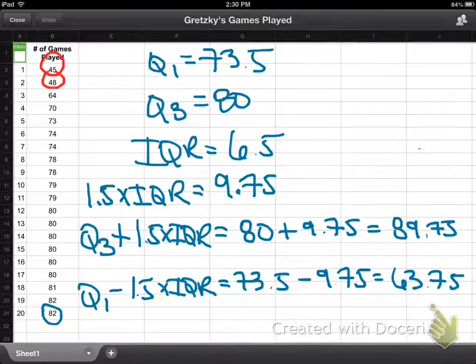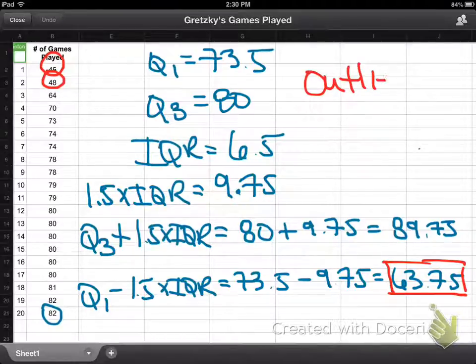We've got a 45 and a 48, which you might have already been able to guess are outliers since they're so much lower than all the other data points. But because they fall below that 63.75 threshold, we have officially proven that we can consider them outliers. So in this case, for our Wayne Gretzky data, we have outliers at 45 and 48.